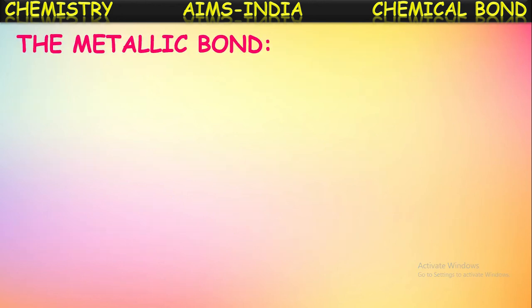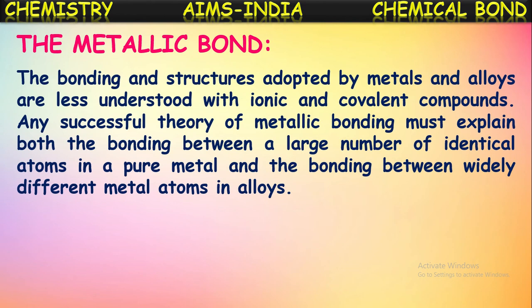Next, let us see another kind of chemical bonding that is called the metallic bond. The bonding and structures adopted by metals and alloys are less understood with ionic and covalent compounds. Any successful theory of metallic bonding must explain both bonding between a large number of identical atoms in a pure metal and the bonding between widely different metal atoms in alloys.